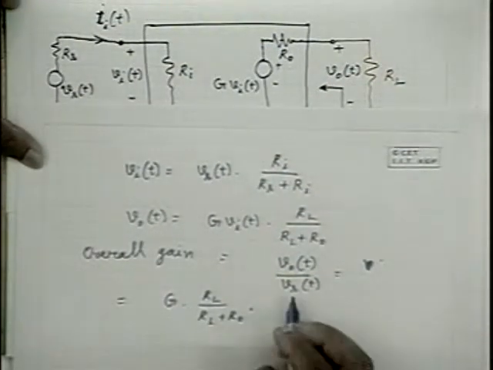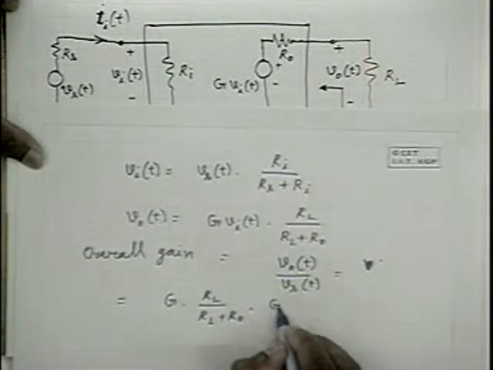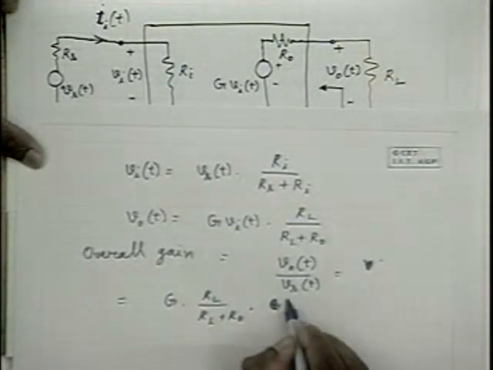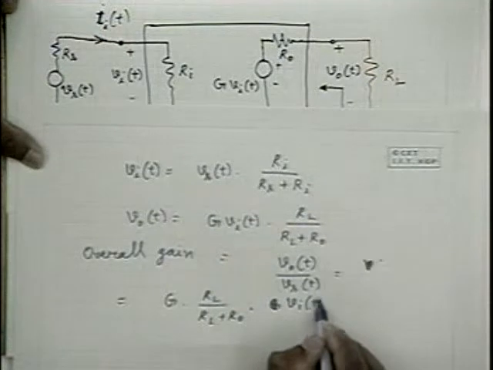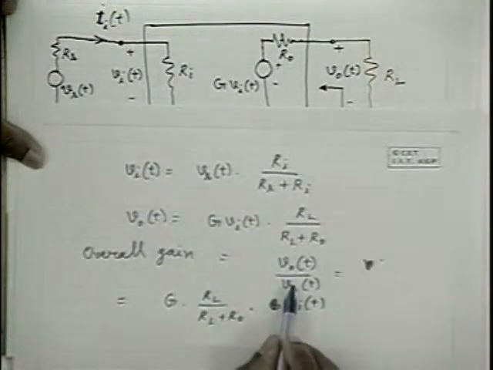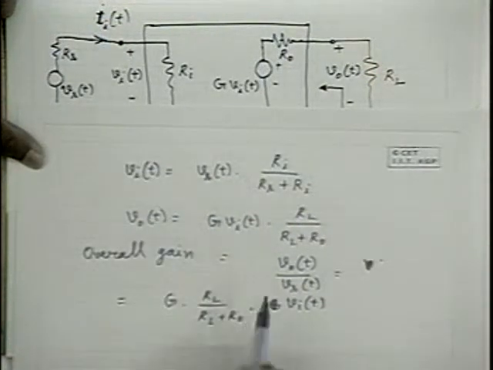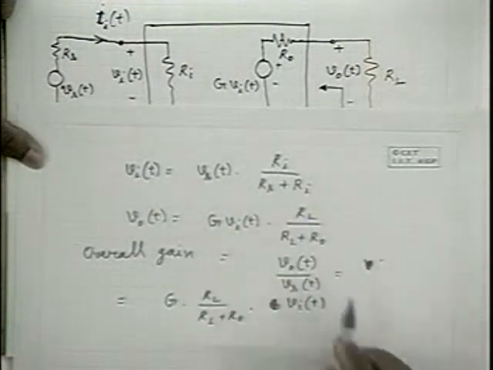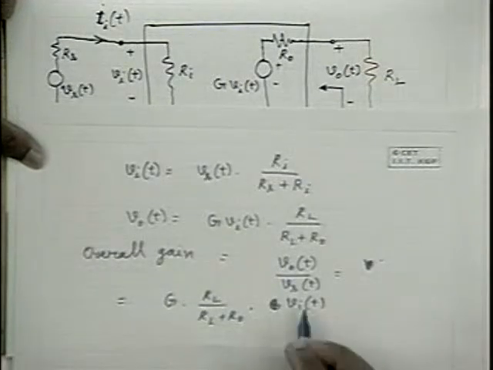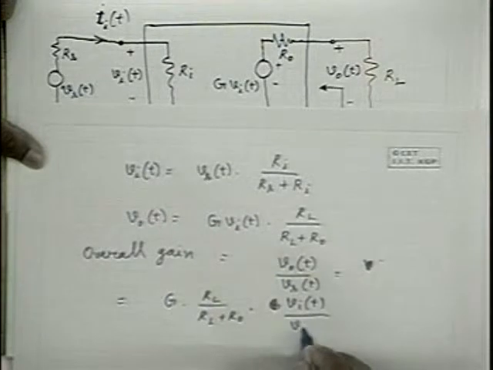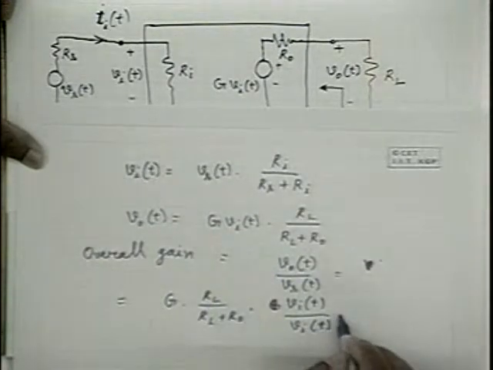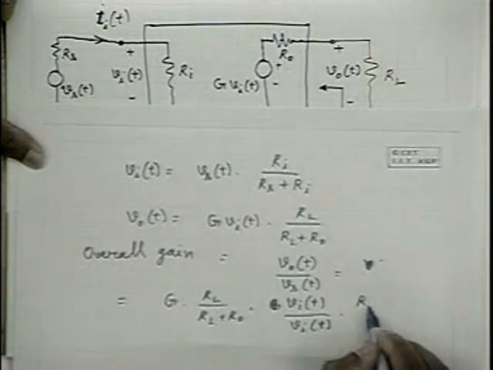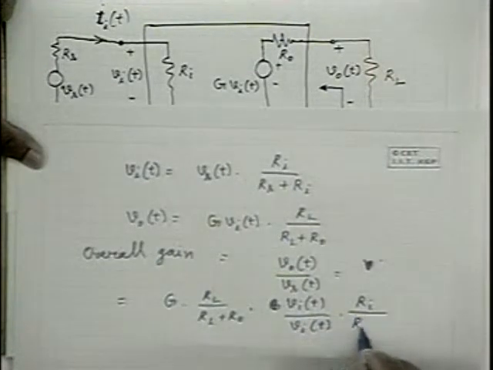And what about VST? VST is VIT divided by Ri by Rs plus Ri. Therefore, this can be expressed as G into RL by RL plus R naught into Ri by Rs plus Ri.